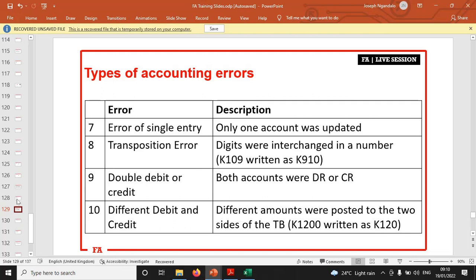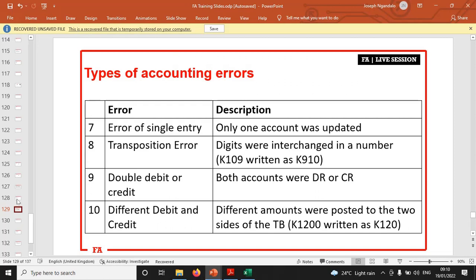Let's progress to the next one now. What's the next error? Double debit or double credit. What does it mean? Both means at least two. Both accounts are debited or credited. Is it possible? And that's a fundamental error in double entry, right?